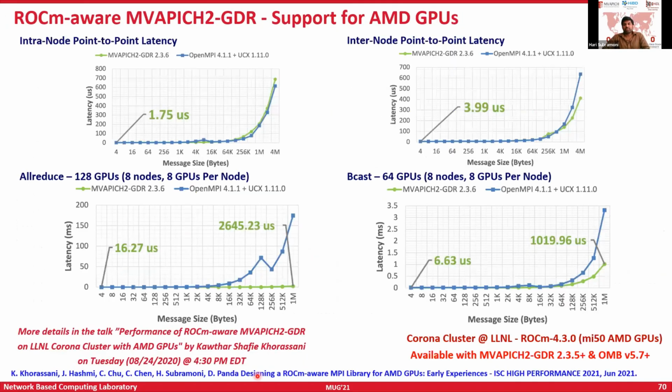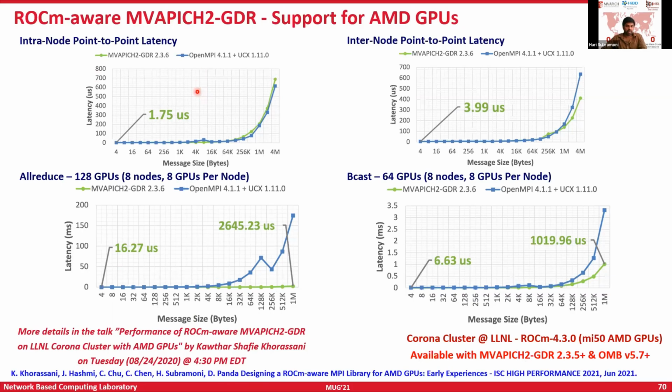We also have advanced support for AMD GPUs here, not just NVIDIA GPUs. These are some sample performance numbers taken on the Lawrence Livermore Corona cluster with MI50 AMD GPUs.